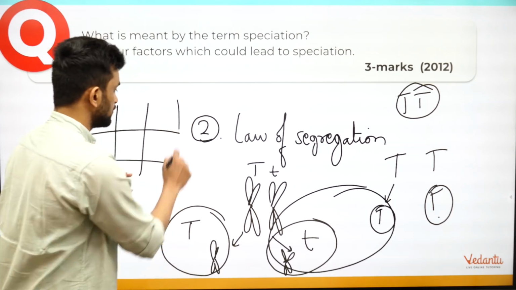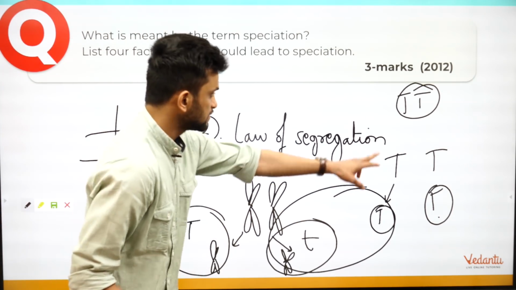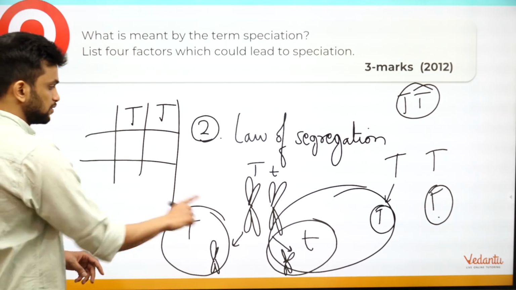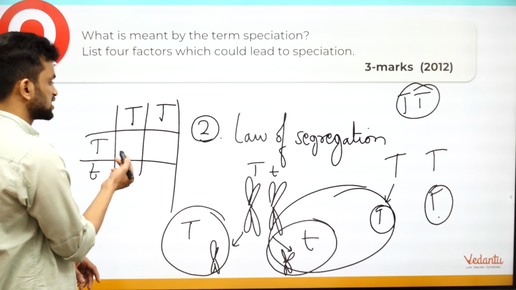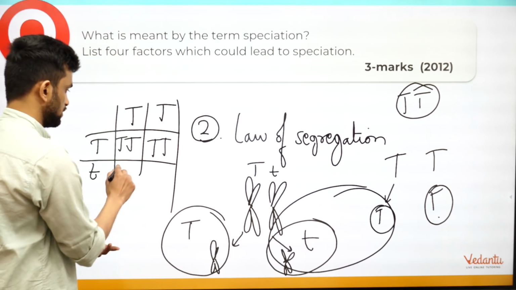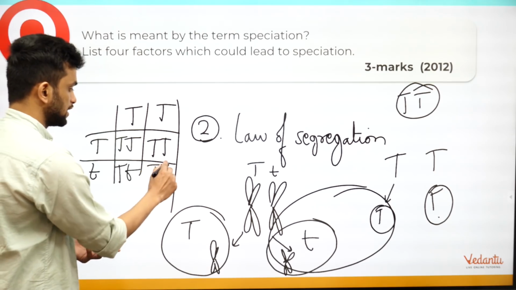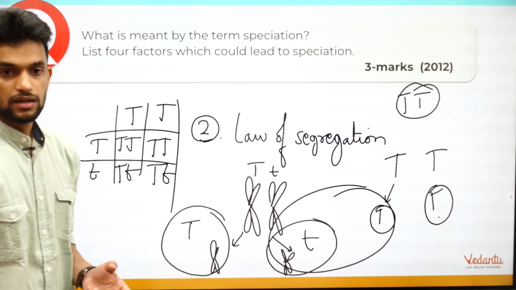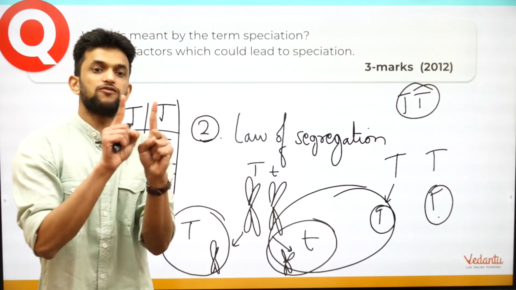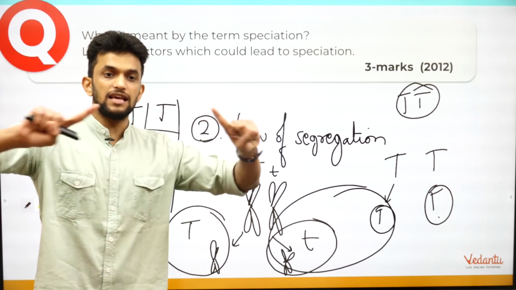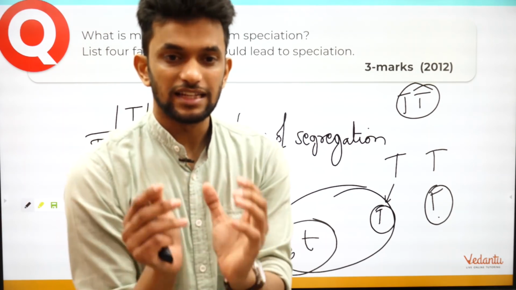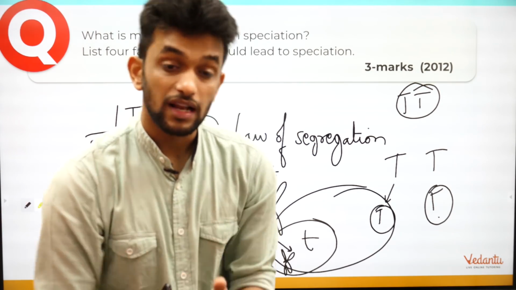See, there will be 4 possibilities. The female was capital T, and this male was capital T and small t. What are the possibilities? Either it could be TT, small t and capital T, small t. At the time of gamete formation, the alleles separate and they unite again at the time of fertilization.